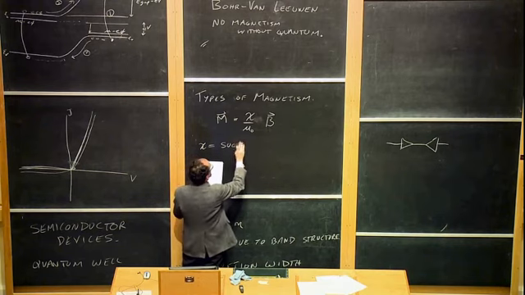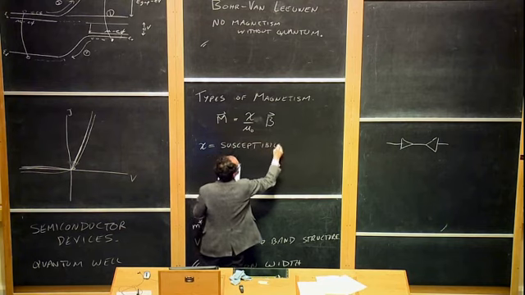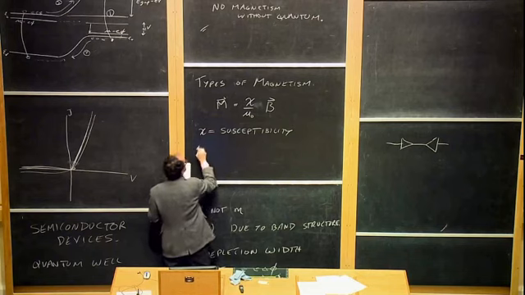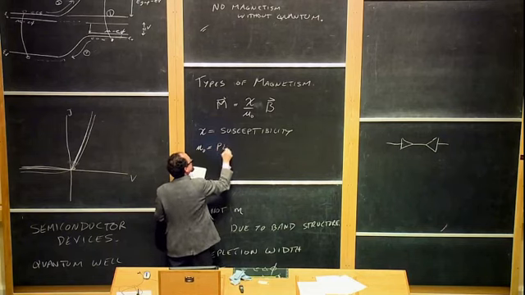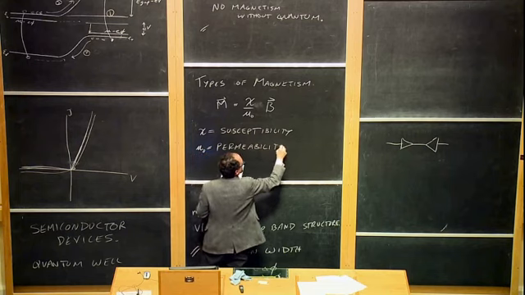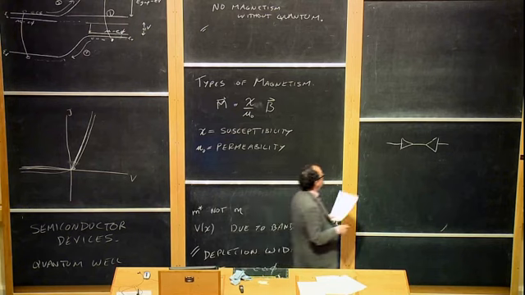Susceptibility, I'm going to spell that wrong. S-U-S-C, susceptibility. And mu naught is the usual magnetic permeability, the thing that's on your data sheet in your exams.